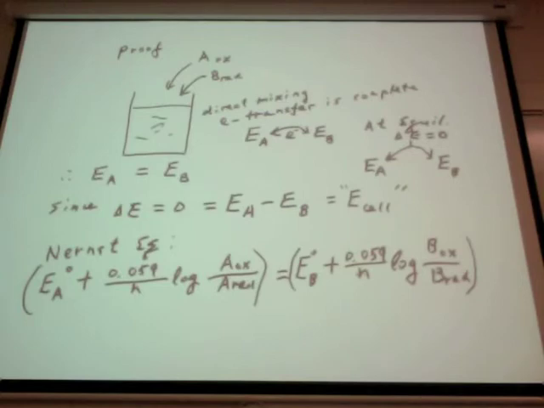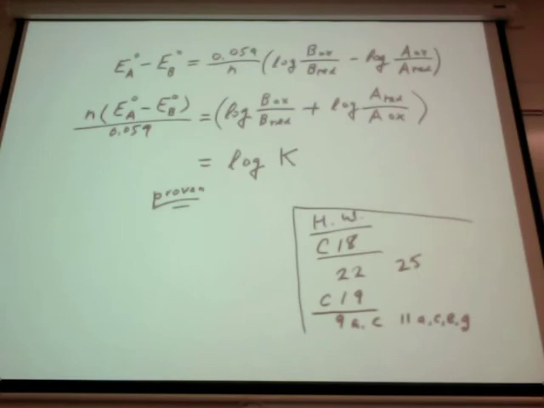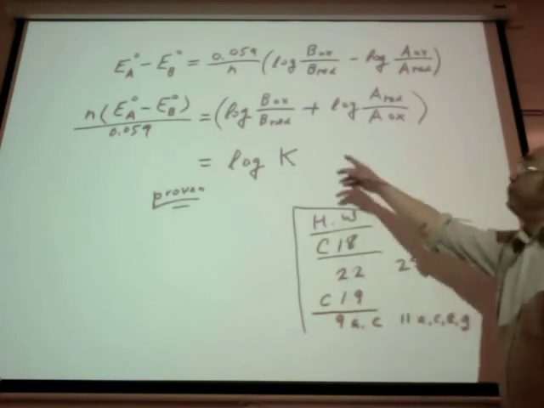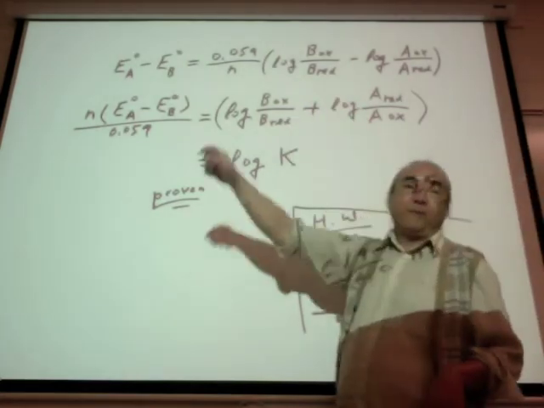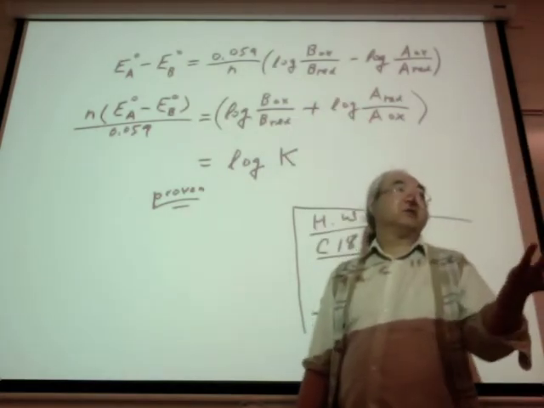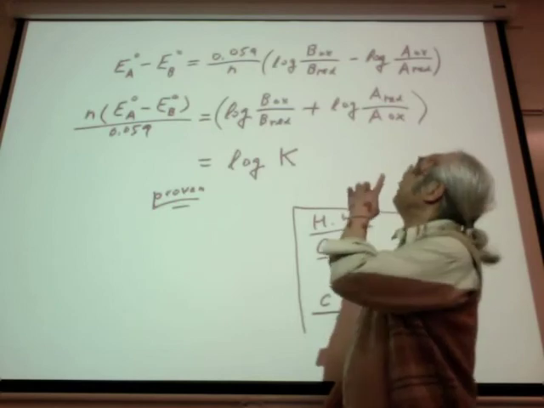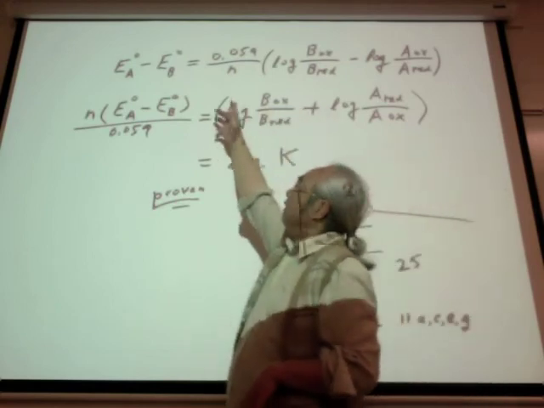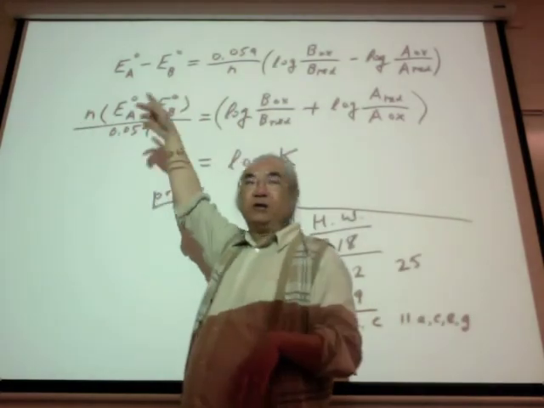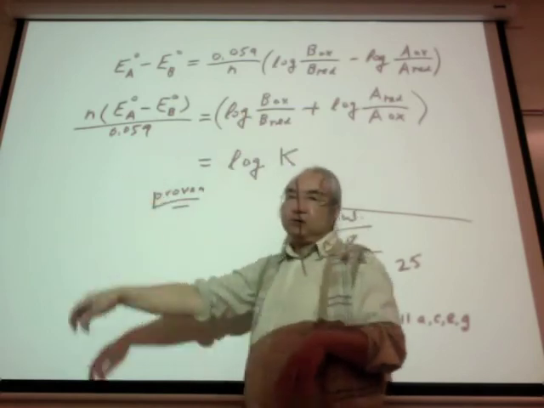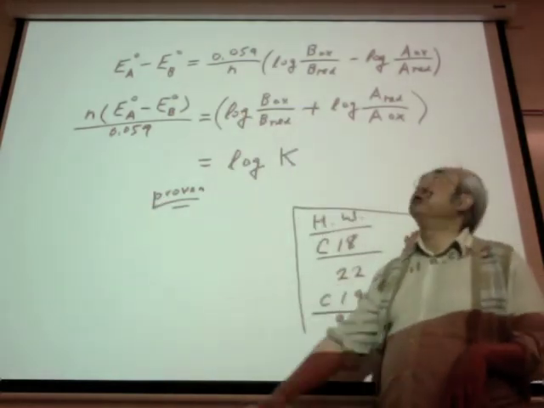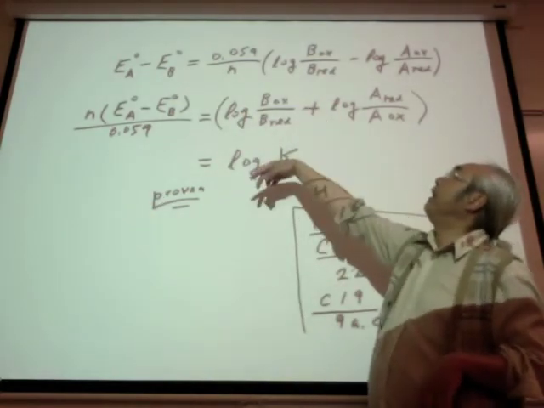Another question? Okay, so continue with the proof, then it's just a matter of mathematics. So you do the arrangement. You put the E naught to the same side, the left side, and extract the common factor, which is 0.059 over n.